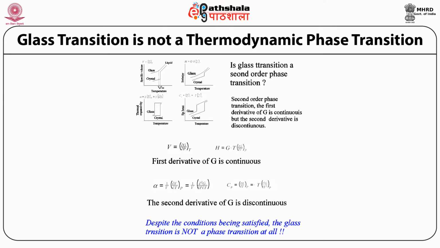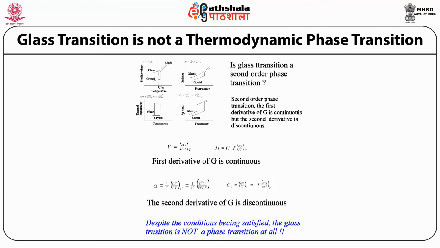The phase transitions in which the first derivative at the transition is continuous while the second derivative changes suddenly are called second order transitions. Although the glass transition seems to fit this definition of a second order transition, it is not actually a phase transition.